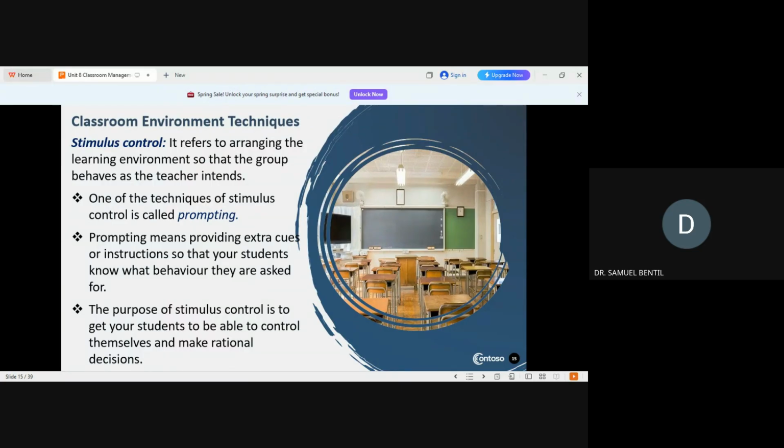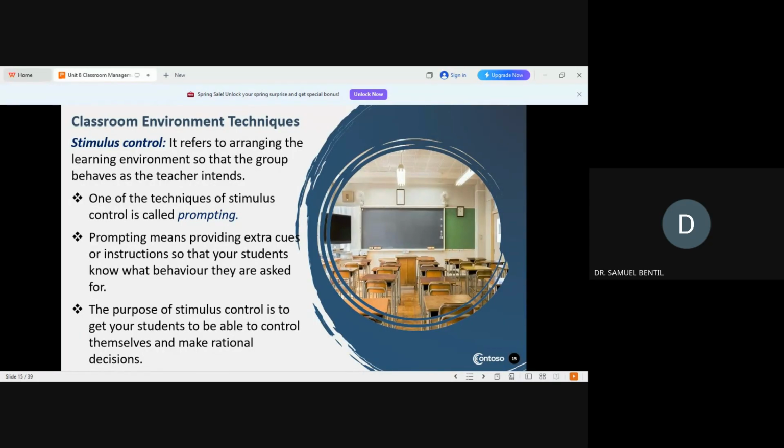Now let's look at classroom environment techniques. Some of the classroom environment techniques that can be used, we have what we call stimulus control. Now, when we say stimulus control, this refers to the arrangement of the learning environment so that the group behaves the way you want them to behave.